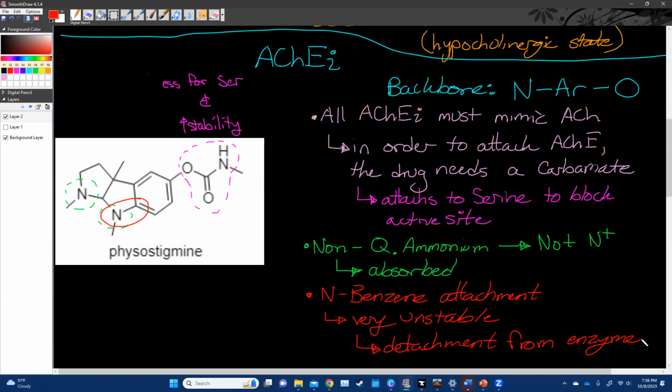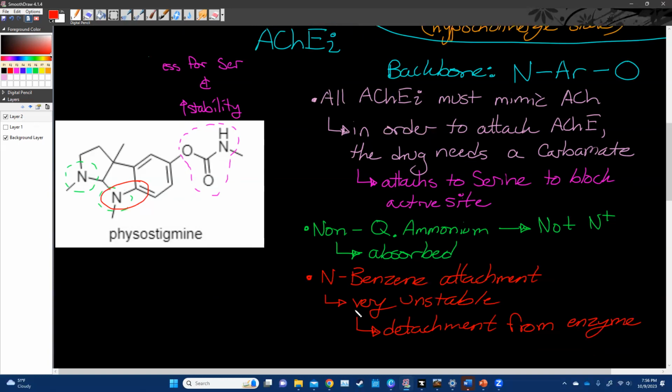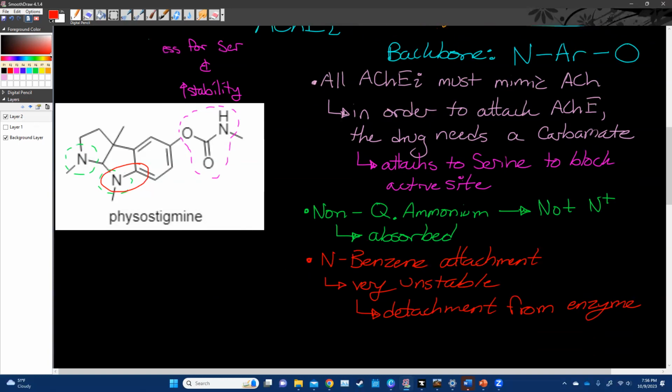So if you have in your acetylcholinesterase inhibitors this nitrogen benzene connection, you are going to cause the drug to detach, which obviously means that we have a reversible acetylcholinesterase inhibitor.